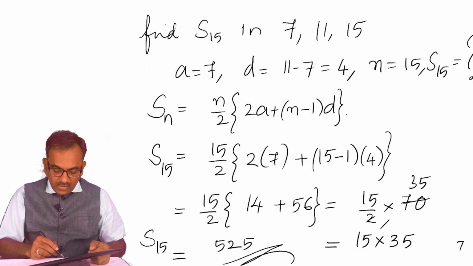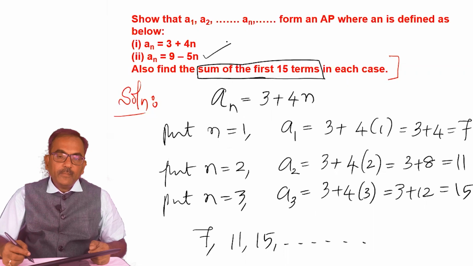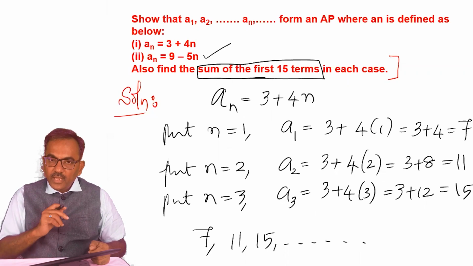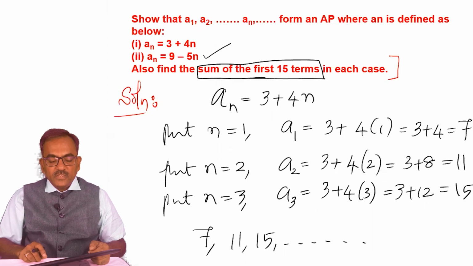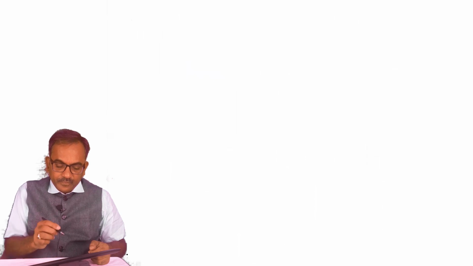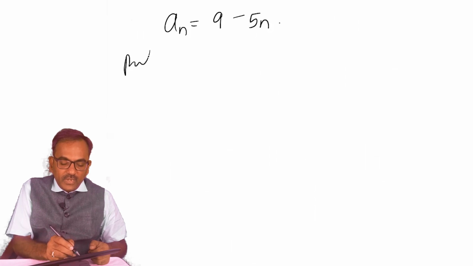Dear children, now in the same way, I think you can try the second problem also. To some extent, I will help you in solving this. So here an is equal to 9 minus 5n. Put n is equal to 1.